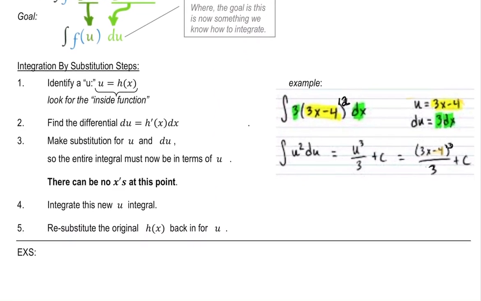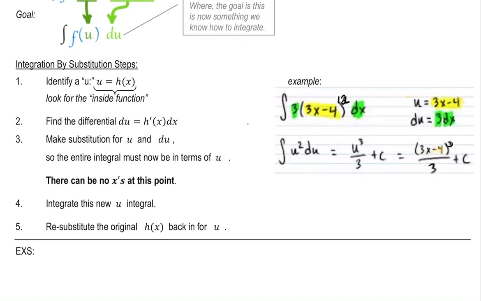All right. So your first step is to identify and look for something that looks like an inside function. Think about compositions of functions and what is an inner function. Think about how when you learned chain rule, every time we would say, then times the derivative of the inside, those insides are what you want to pick for a u.